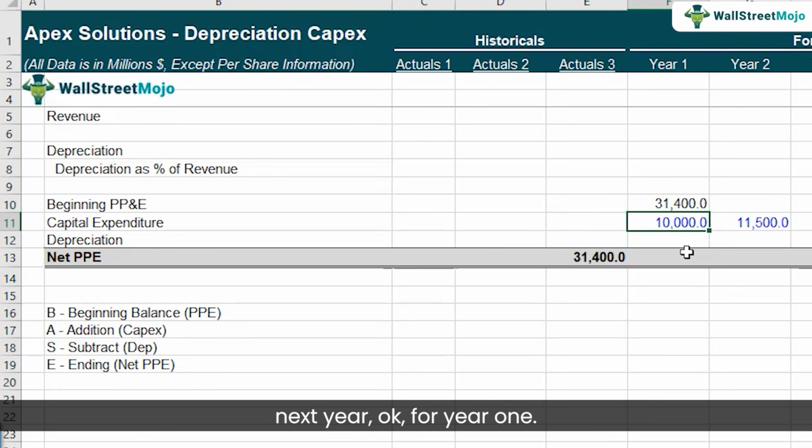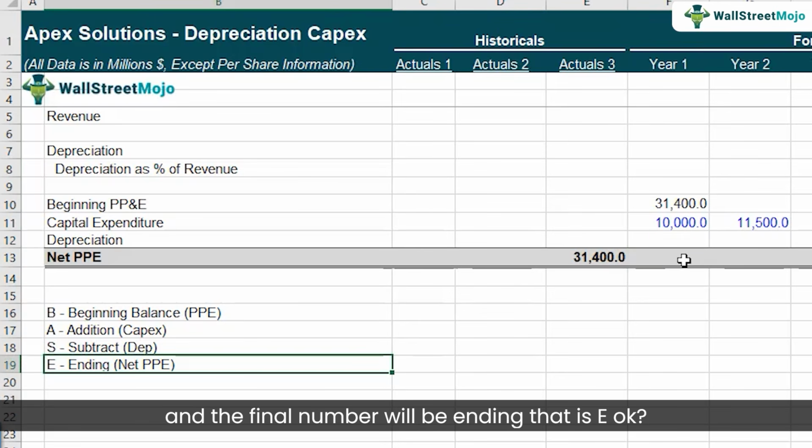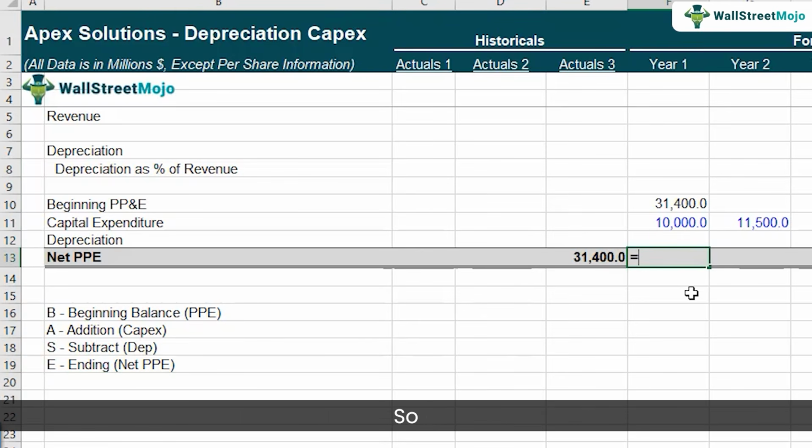For year 1, we have B, we have A. What we need is D, that is depreciation, and we'll calculate that as well. The final number will be the ending balance, that is E. So the formula will be this plus this minus depreciation. This will give you the ending balance.